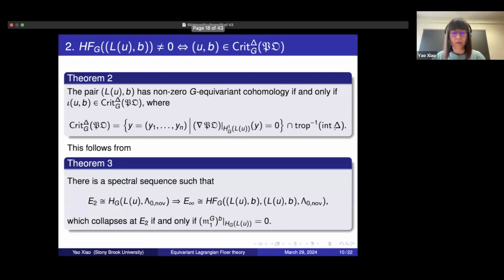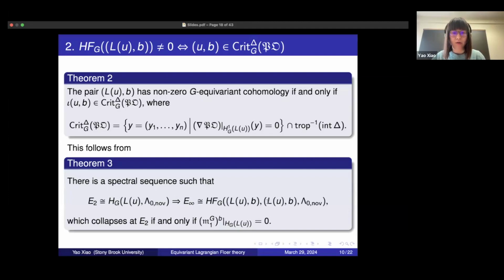The idea of the proof follows from a spectral sequence whose E2 term is the equivariant de Rham cohomology of the Lagrangian, and it converges to the equivariant Floer cohomology of the Lagrangian.